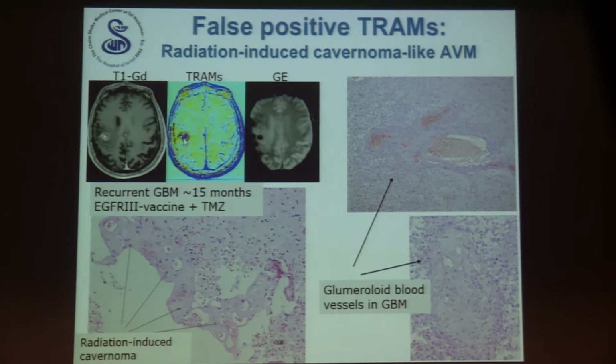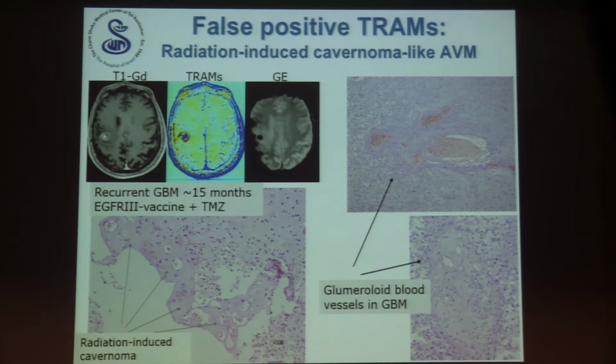So there was like a 3 millimeter blue mass surrounded by a thin blue rim. It looked black on gradient echo. At the time, our protocol had gradient echo in it. But you know, black on gradient echo could be many things, including hemorrhages, which we see often in these patients. But the patient was symptomatic, he was resected, and histology came back: no tumor.